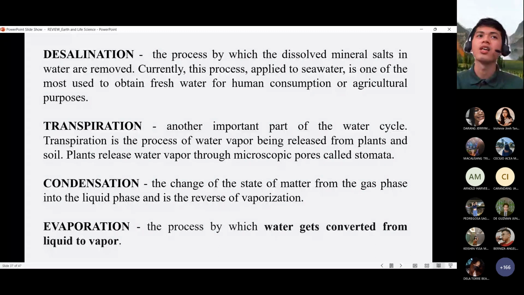That's evaporation. Now, desalination is the process wherein the dissolved mineral salts or sodium chloride are removed from saline water, or seawater, in order for humans to consume it and of course for agricultural purposes.